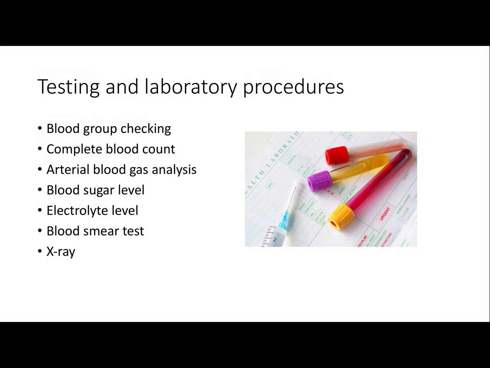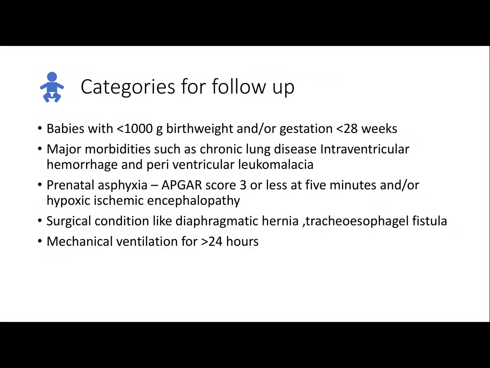Next, what nursing care will we do? We will categorize the neonates for follow up: babies with less than 1000 gram birth weight and or gestation age less than 28 weeks. Major morbidity such as chronic lung disease, intraventricular hemorrhage, and periventricular leukomalacia. Perinatal asphyxia with Apgar score 3 or less at 5 minutes, and or hypoxic ischemic encephalopathy.